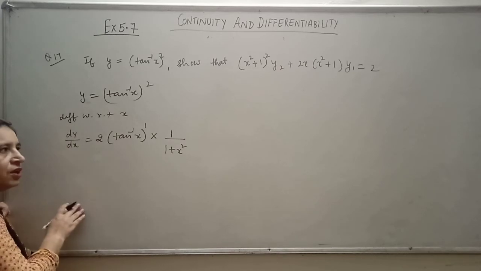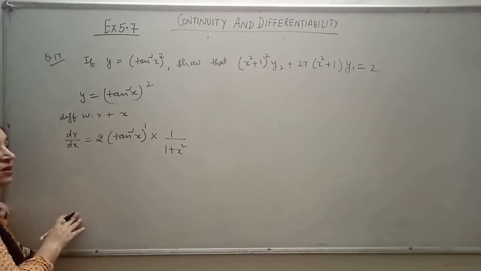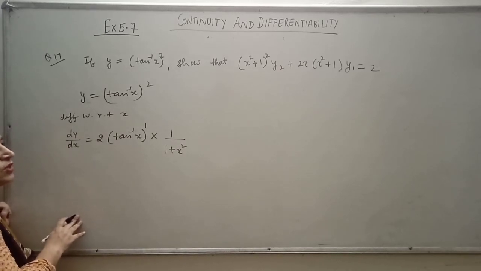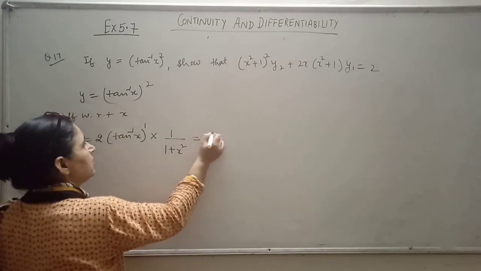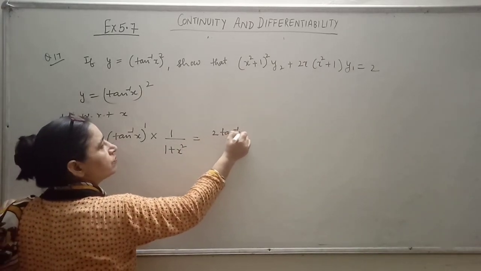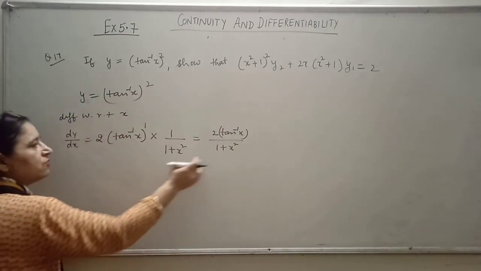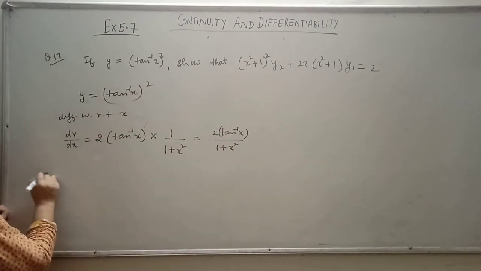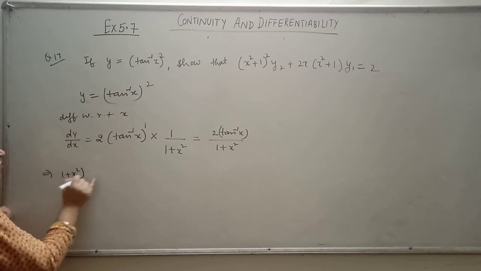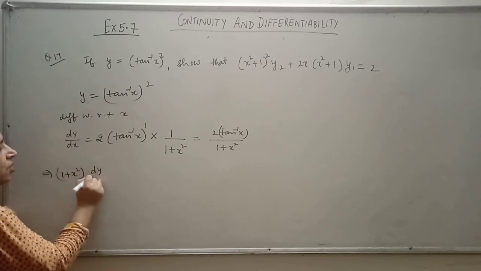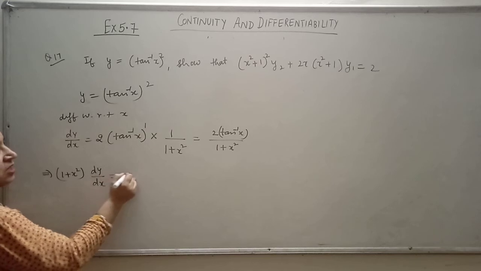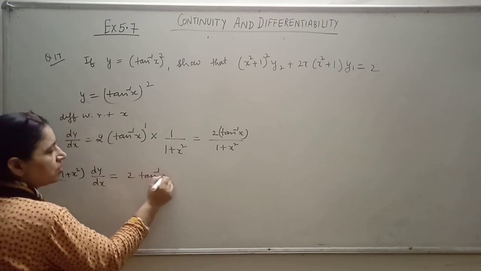Now again we need to differentiate it with respect to x. As I told you, it is difficult to differentiate when it is in division form. But whenever you find it in division form, take it to this side just to make our calculations easier, because the product rule is easier for us to apply.